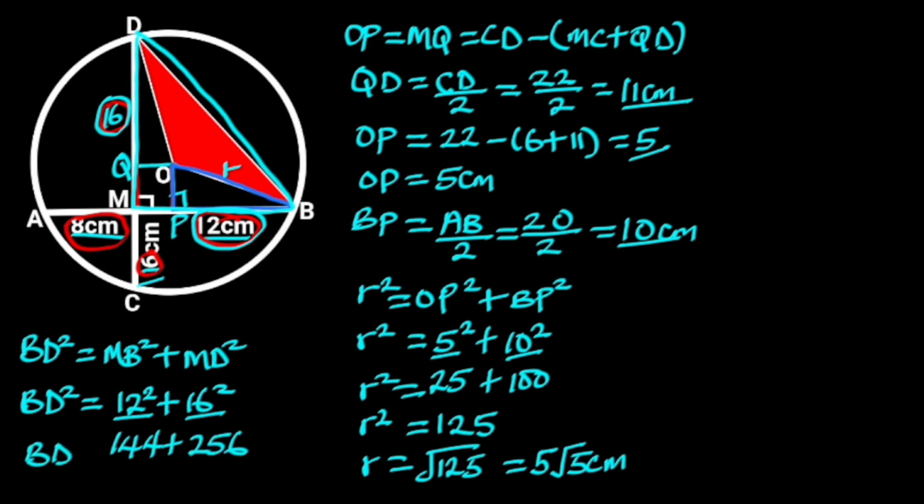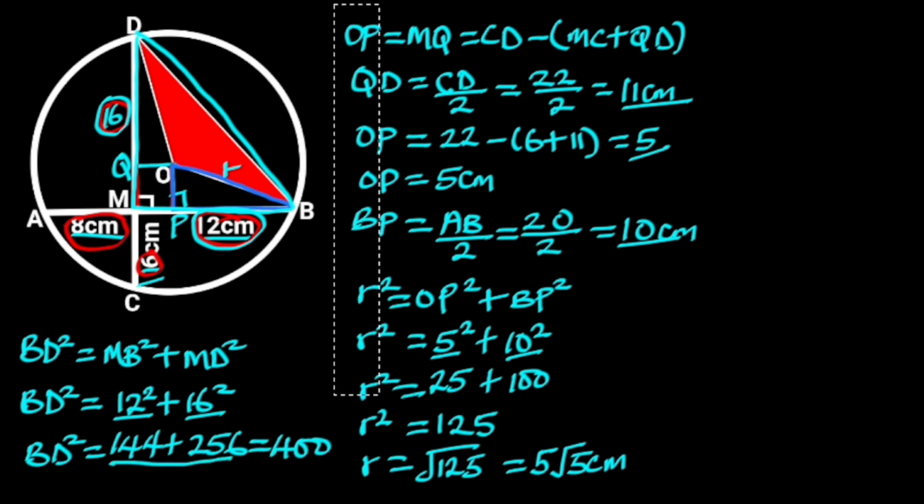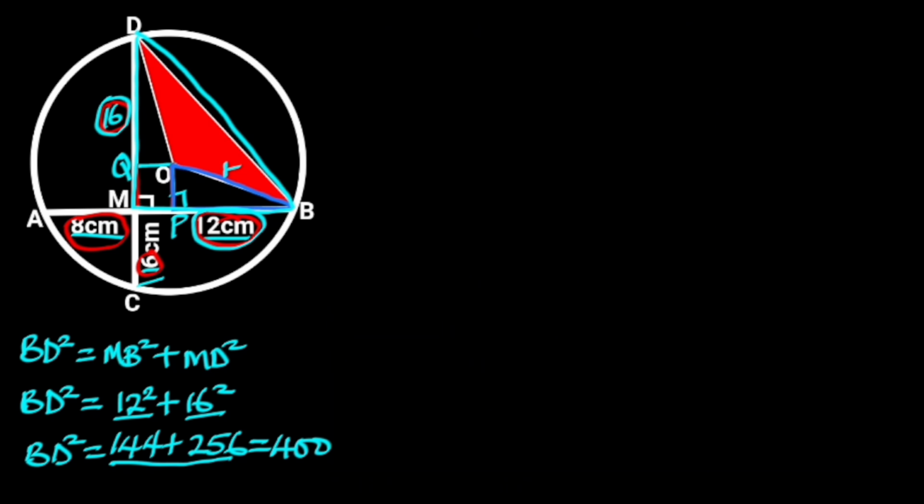So, BD square equals 144 plus 256, which equals 400. Now that we have BD square as 400, let's find BD by taking the square root of both sides. It follows that BD equals square root of 400, which is 20. Hence, BD is 20 centimeters.